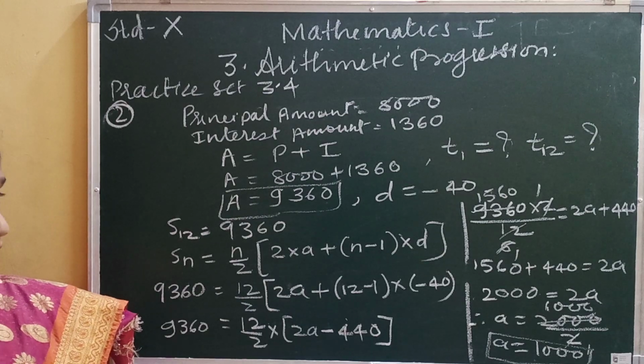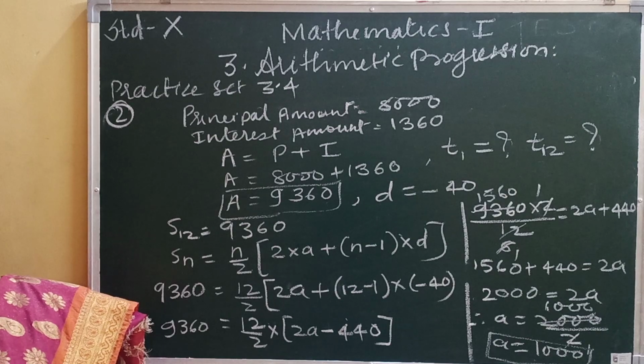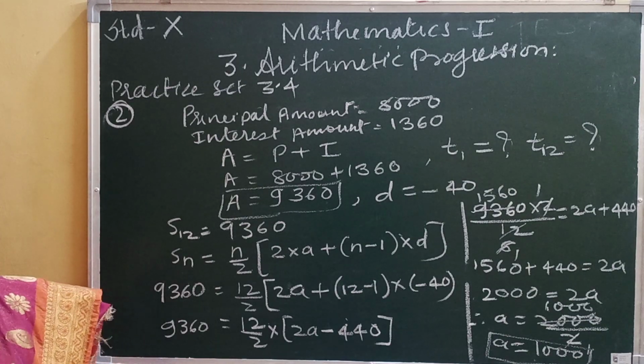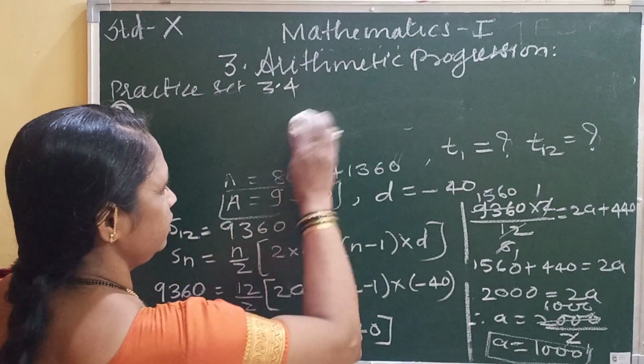Now what we want to find out? The last term, means T12 we have to find out. Okay, so how will we find T12? First term we got. See, the 12th term.